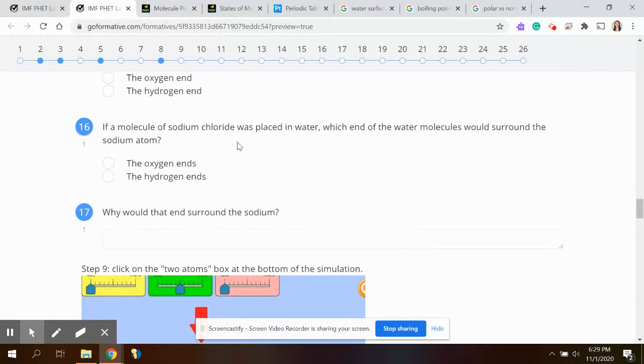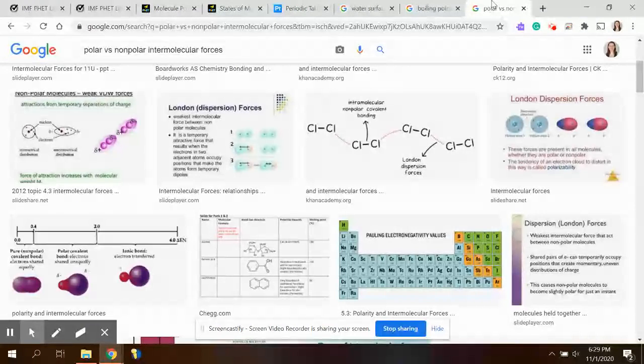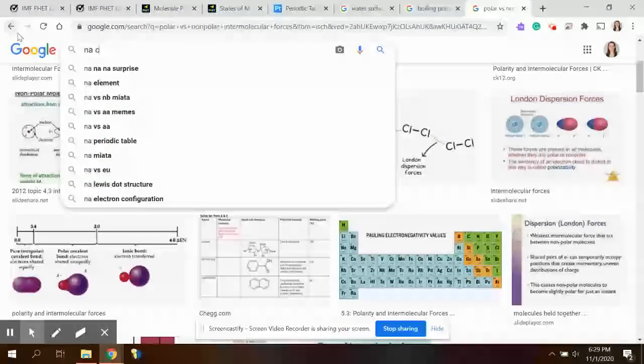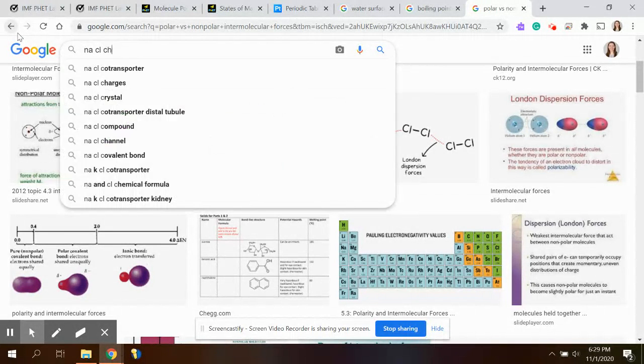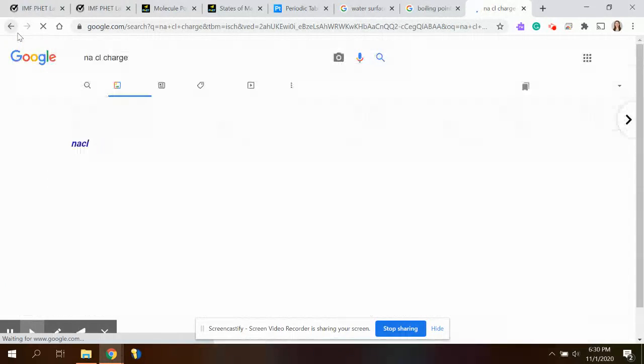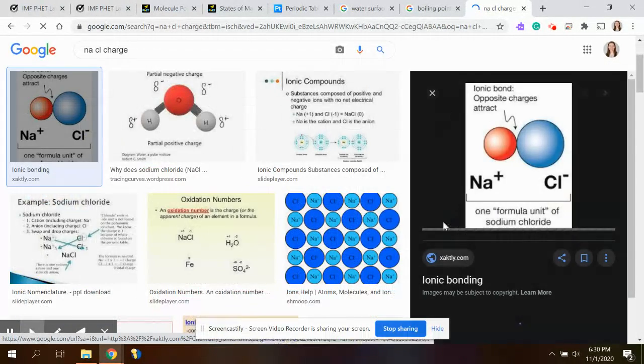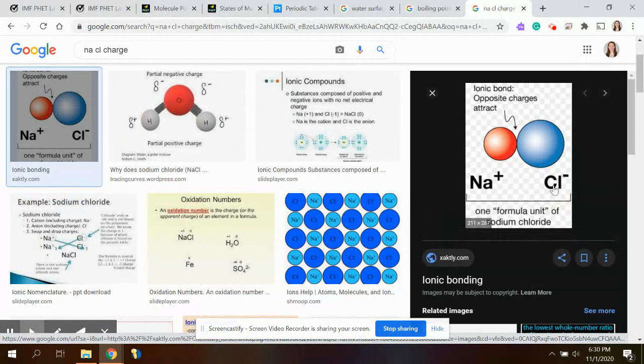So then if I had something else that had a negative and positive charge, like sodium, I have sodium, one of them's positive, one of them's more negative because they're moving those things, and I put it in a bunch of water molecules like this. Which side is sodium, which is more positive, going to be attracted to? Is it the oxygen that's slightly negative or the hydrogen that's more positive?